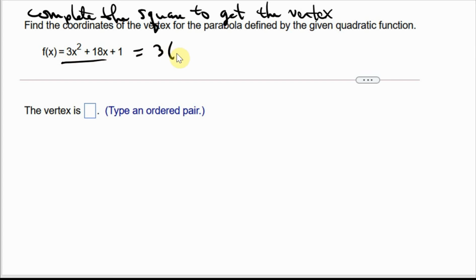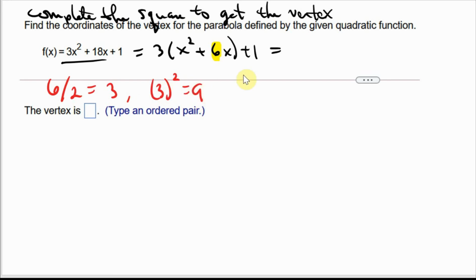So this is 3 times parentheses x squared plus 6x plus 1. Then we said after that, you take the coefficient of x, which is 6, take half of it, we get 3, and then we're going to square that 3. And we get 9.